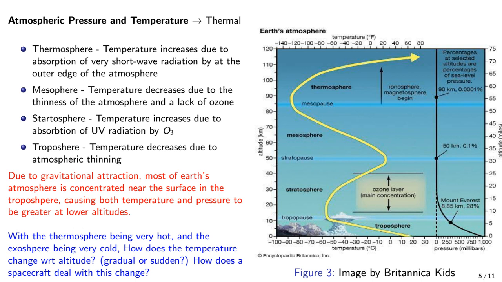Look at the temperature we're starting with. This is where you have Mount Everest, which is 8.85 kilometers, and it's somewhere in your tropopause. The tropopause is the line between your troposphere and your stratosphere.